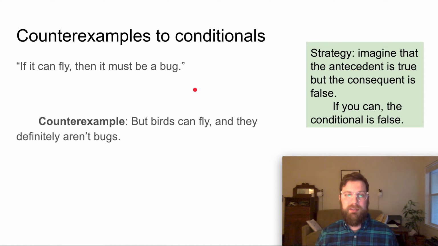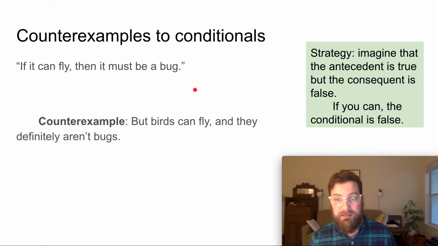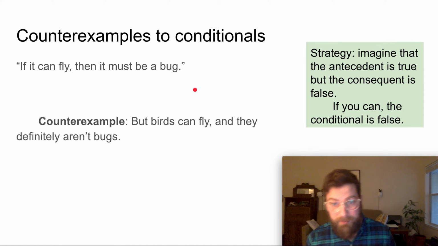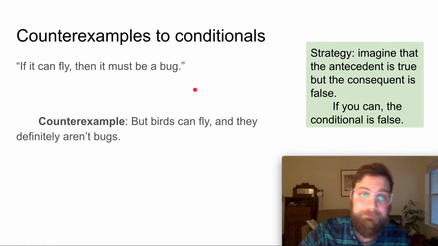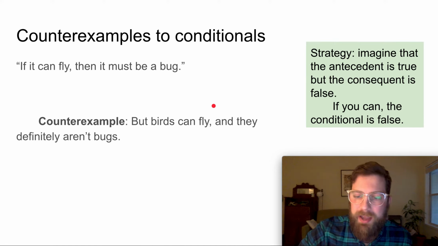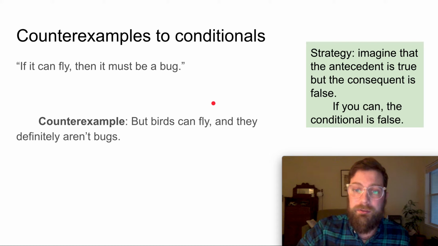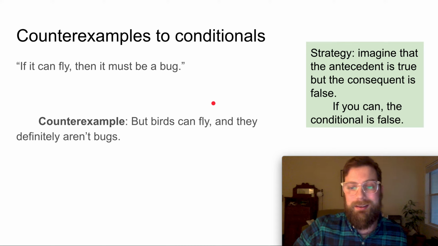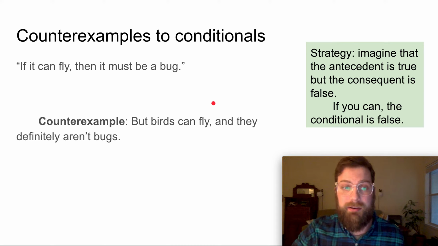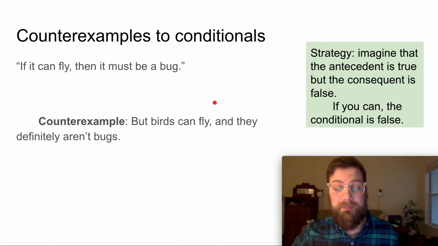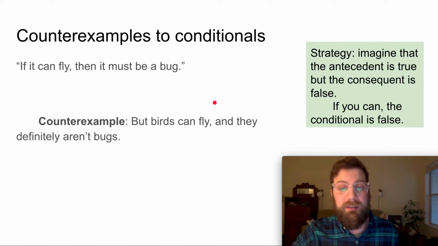You say, but birds can fly, and they definitely aren't bugs. Airplanes can fly, and they're not bugs, right? So the whole strategy is to show exactly how a certain kind of guarantee fails by giving these examples that we come up with using our imaginations.